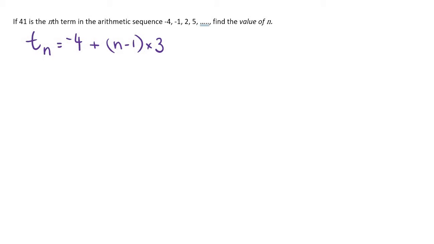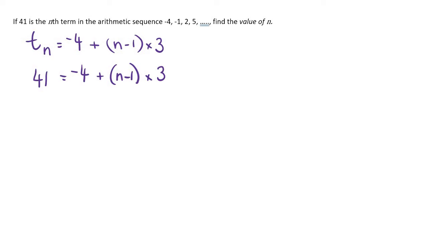So we can substitute 41 in for our nth term. And so we've got 41 equals -4 plus n minus 1 times 3. So now we can just work backwards.